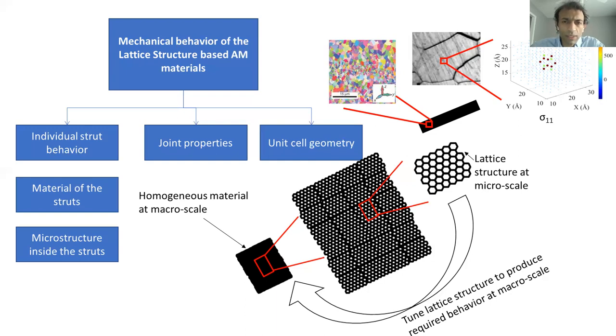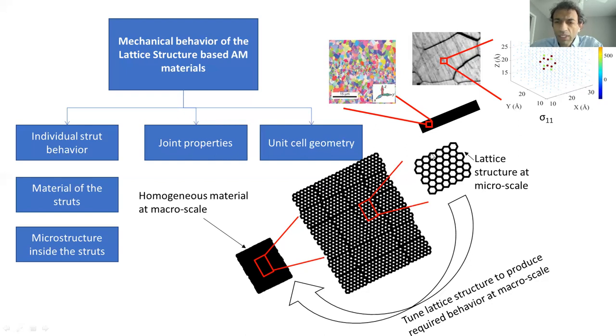Now, the mechanical behavior of the lattice structures is what I want to talk about. That behavior depends on a lot of the features all across from atomic scale all the way to the macro scale. At the macro scale, we see a homogeneous material, which is actually made up of a certain microstructure. In this case, I just used a hexagonal one.